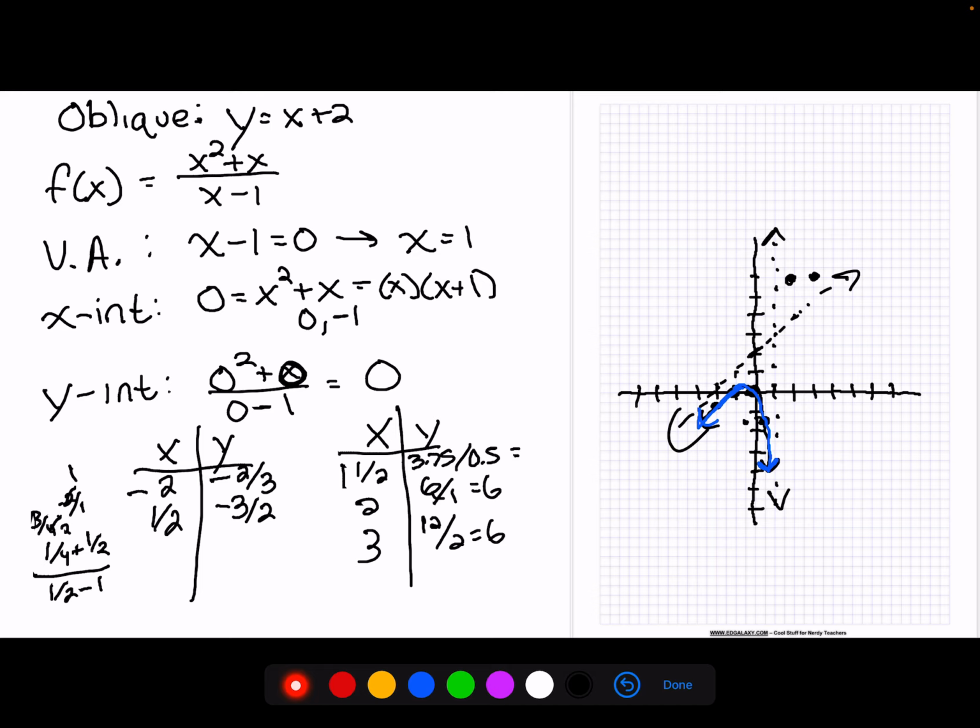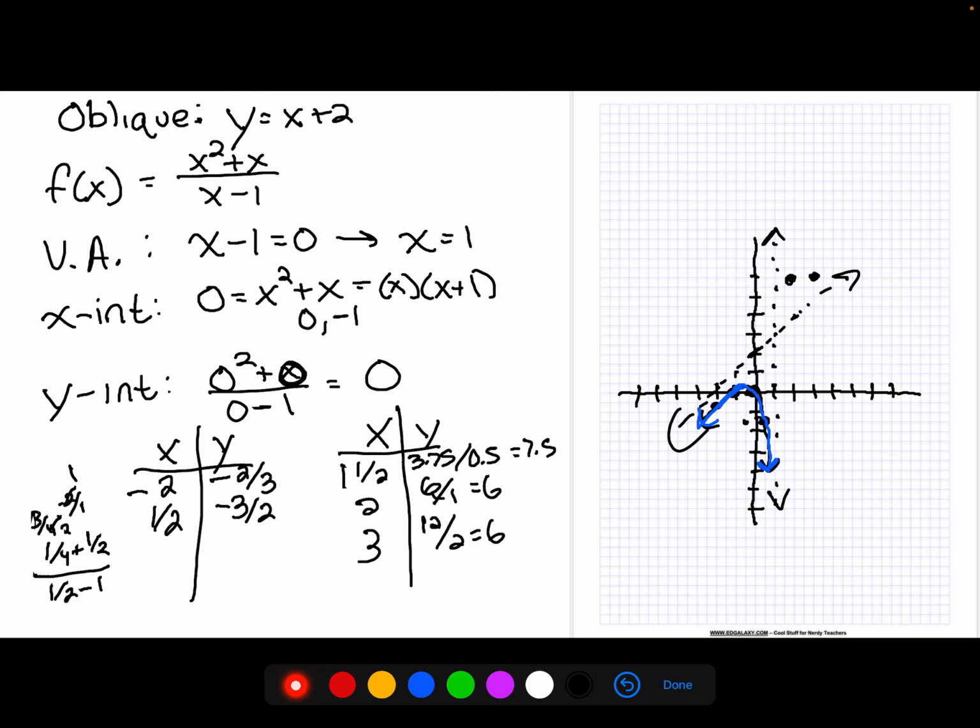Divide by 0.5 and you get 7.5. That still doesn't make sense. Sorry, let me do this again. 1.5 squared is 2.25 plus 1.5 is 3.75. Then 1.5 minus 1 is 0.5, and 3.75 divided by 0.5 is 7.5.